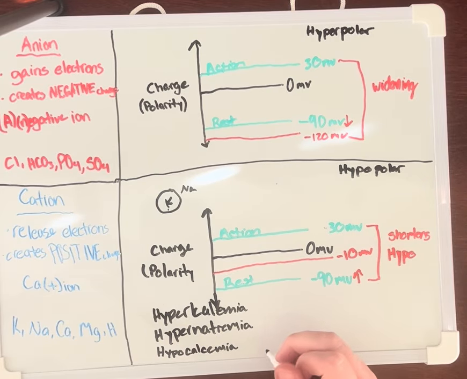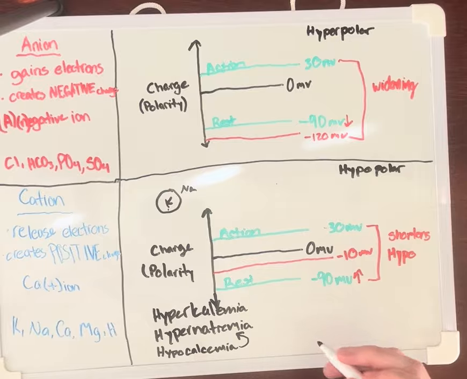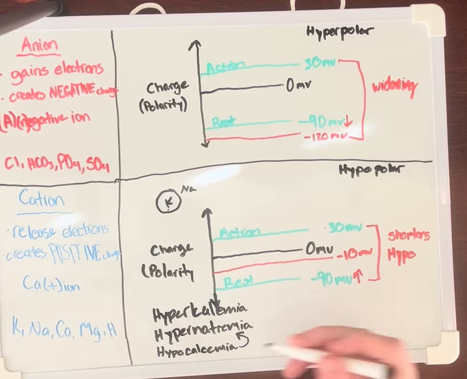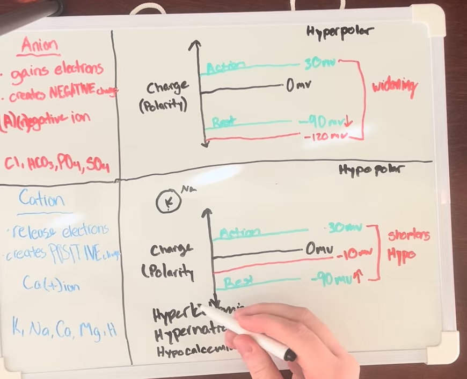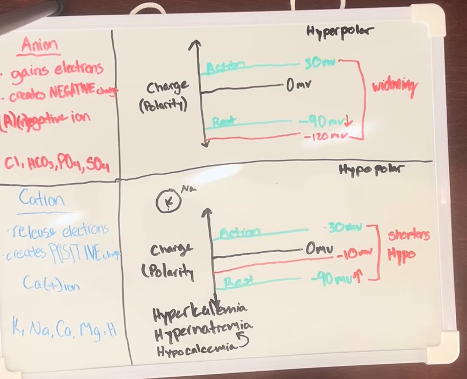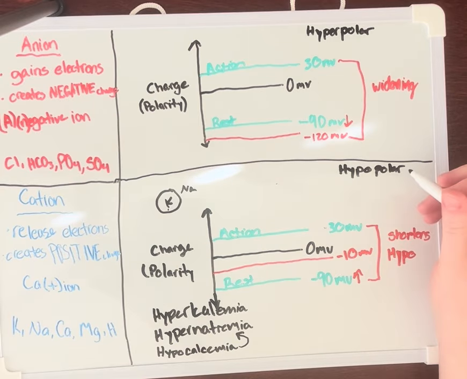So basically, the way I see it is hypocalcemia is the same thing as hypernatremia, simply because it becomes that, right? So then you just kind of remember it as all your hypers, right? So hyperkalemia, hypernatremia, hypocalcemia slash hypernatremia is all going to be in your hypopolar.